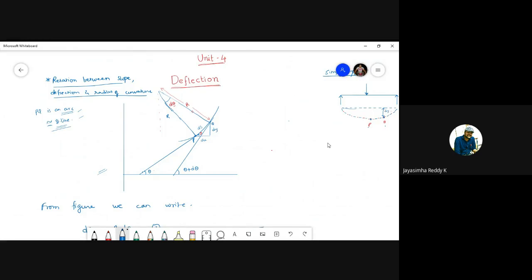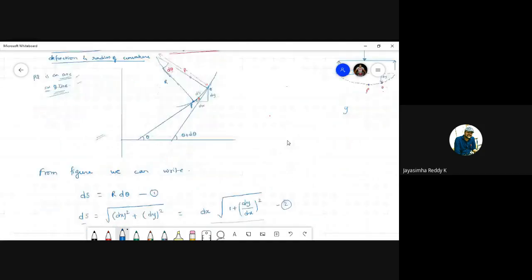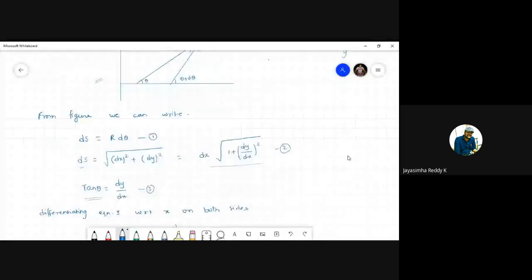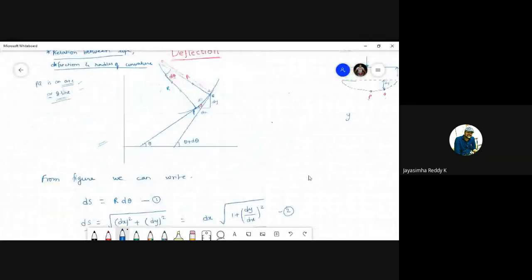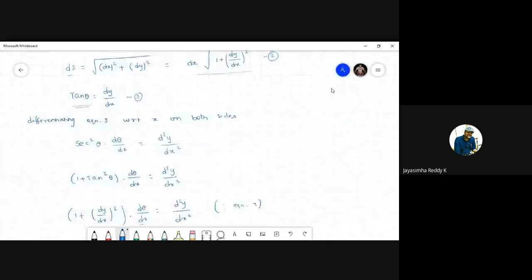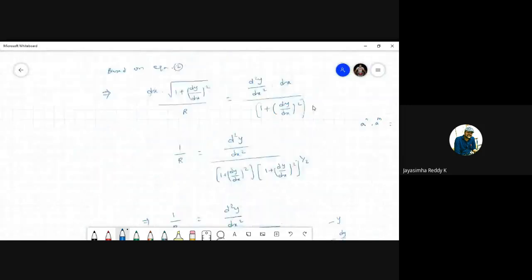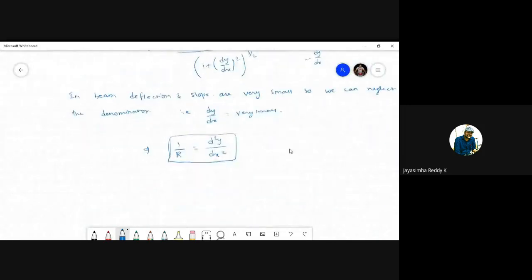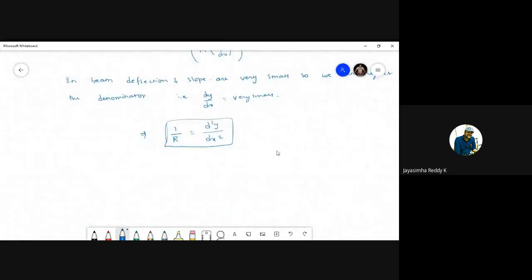If we go for the bigger portion, deflection is y and slope is dy by dx. Okay, so dy by dx or slope can be also treated as theta. So based on here, let's see, one minute, let me go here. So let us come back to this relation, student. We'll move into that also. So this is one of the important relations that you have to remember. 1 by r is equals to d square y by dx square.